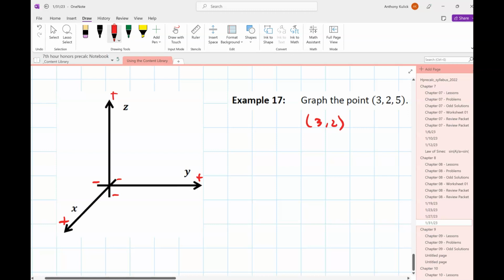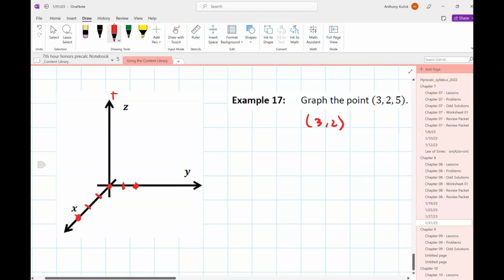So I'm going to just plot 3, 2. Along the x-axis, I'd have 3 tick marks, and along the y-axis, I have 2 tick marks. Everybody's okay there?